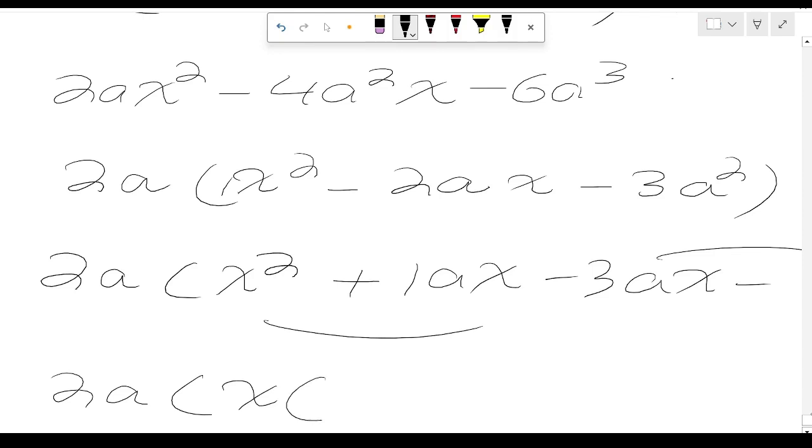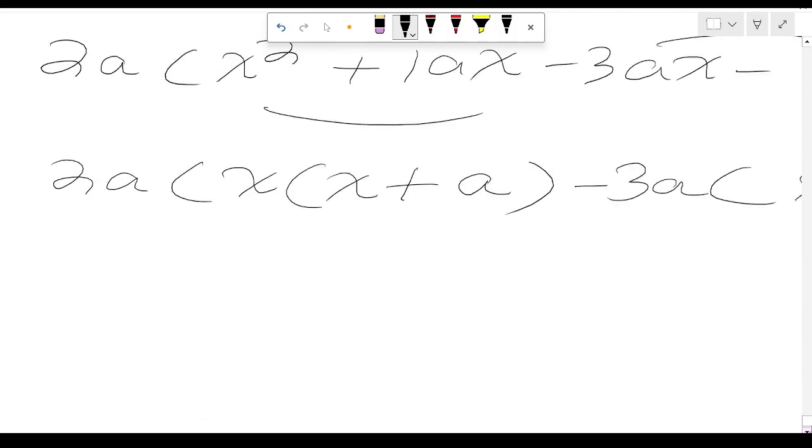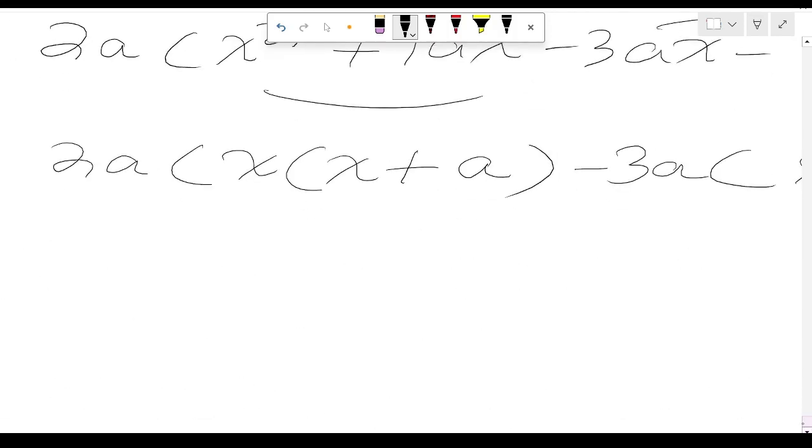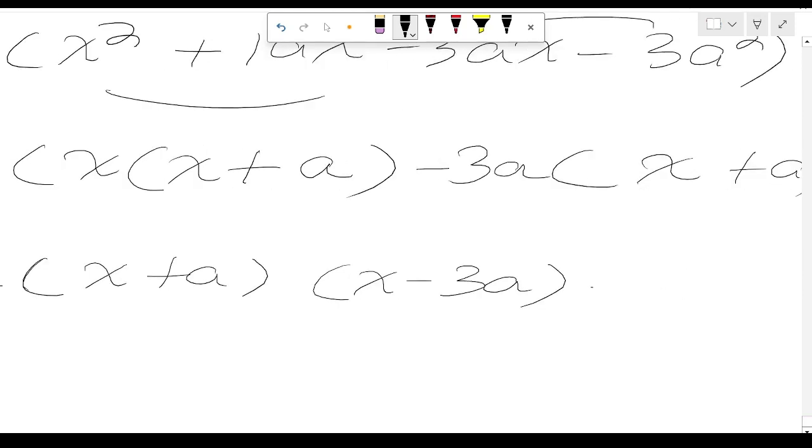After picking x, I'll write x plus a. After writing x plus a, I will pick negative 3a, and I can write x plus a here too. After doing that, I'll pick 2a bracket x plus a and x minus 3a. So this is the second factor.